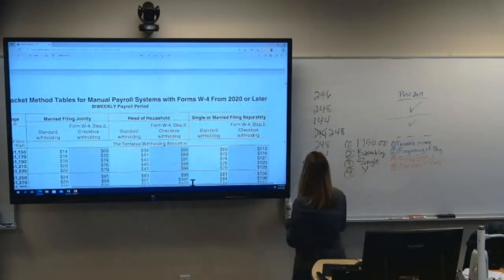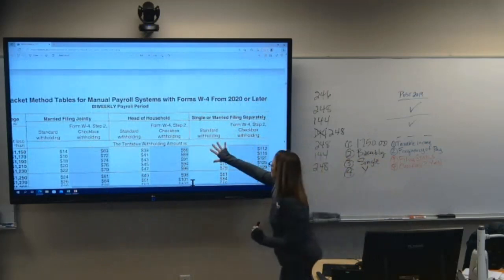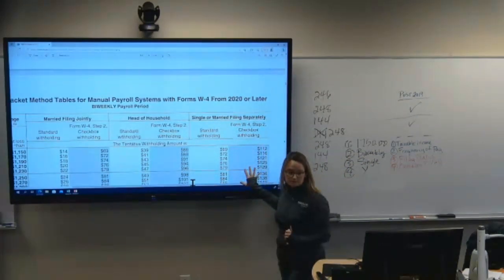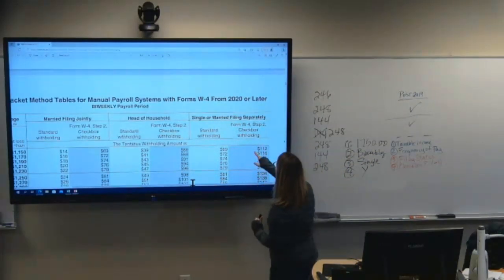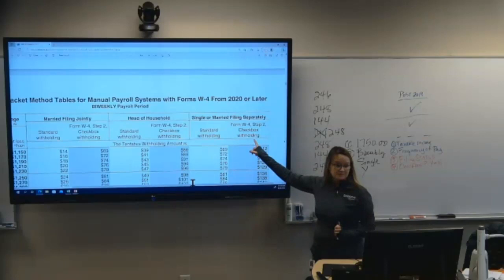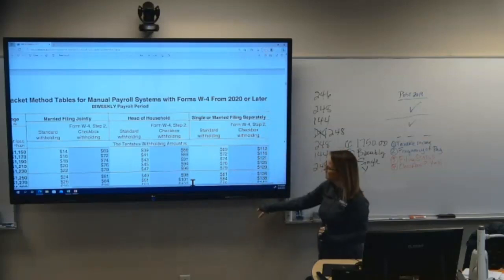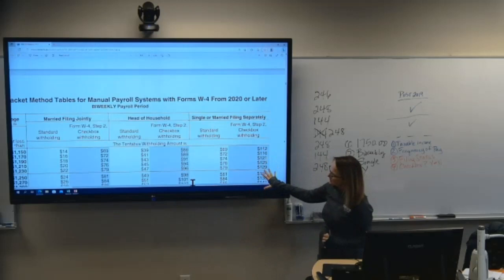We are single, which means we're going to use one of these two columns. Single with the checkbox is going to be in the right-hand column. So we know we're going to use this very last column.